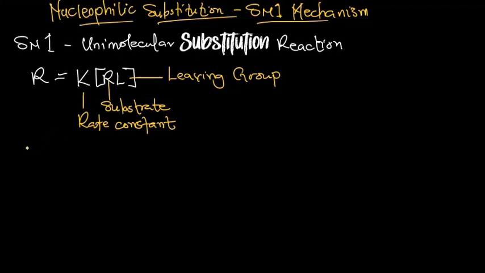Alright, now what does the mechanism look like? For the mechanism, if we have a carbon bonded to, let's say, 3 different groups, X, Z, and Y, and then we have a leaving group L attached.